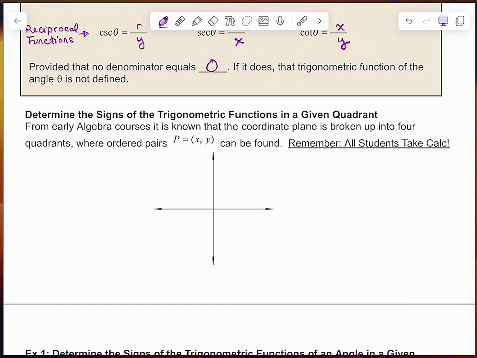So this is just a pop quiz. In each quadrant, I want you to write down the trig functions that are positive. So just the positive ones, and include your reciprocal functions.